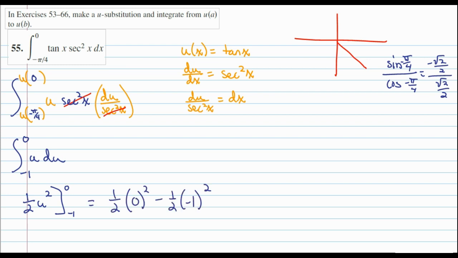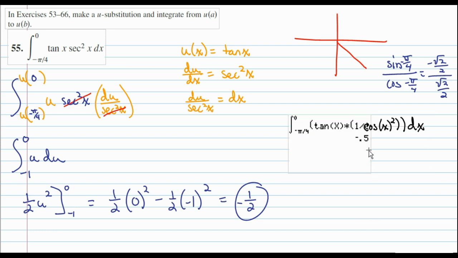Then I have 1/2 times 0 squared minus 1/2 times negative 1 squared, and I get negative 1/2. I checked that on my calculator, and the integral from negative pi over 4 to 0 of tangent of x secant squared dx is negative 1/2.